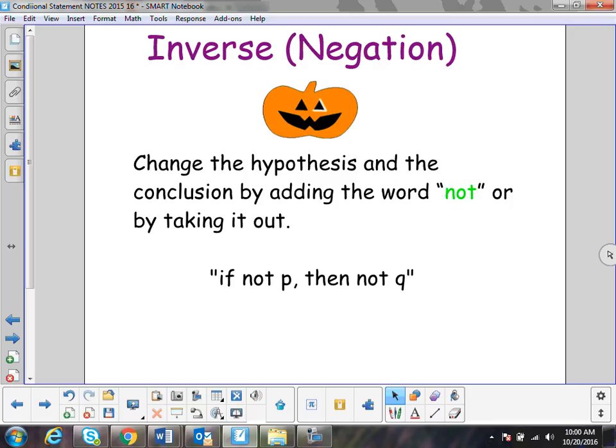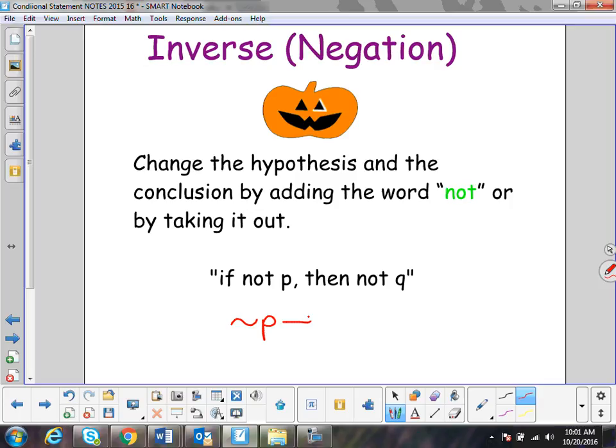Now, let's say the original statement said not to begin with. Well, then what do you do? Take it out. Don't say not. Don't do a double negative. You know what I'm saying? So take it out if it originally has not. Okay, so here's what the symbolic form looks like. It's a little squiggly line like this.